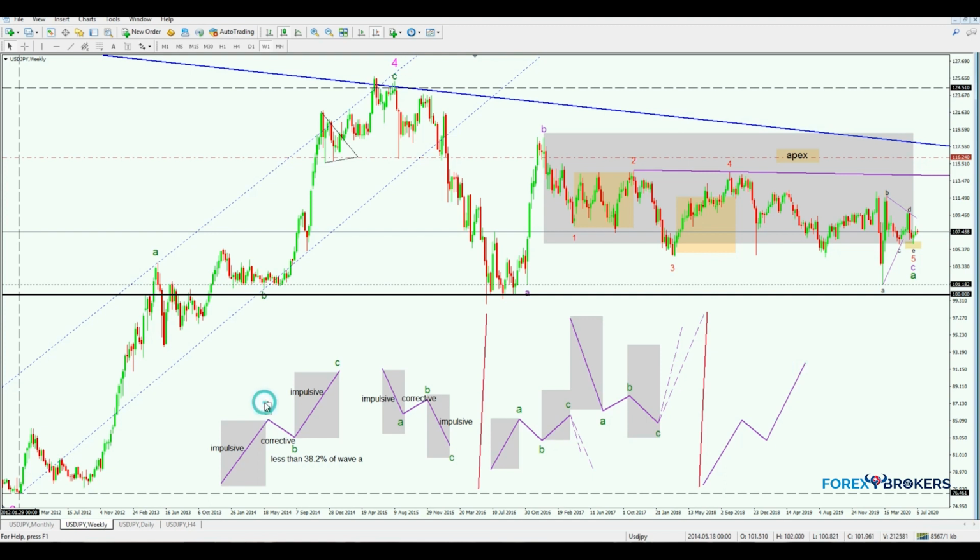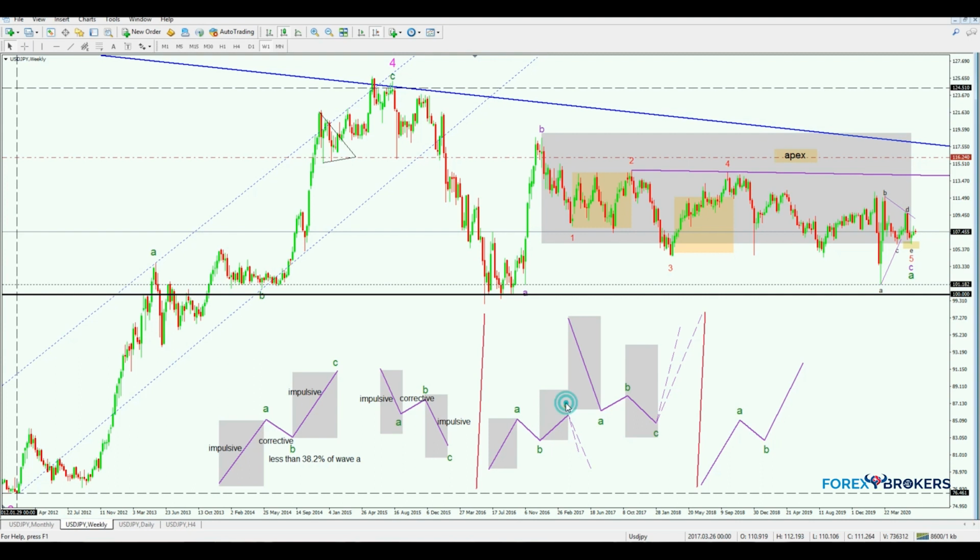And then we simply apply the same rules discussed so far for interpreting the zigzag: A, B, and C. We measure the time that it takes for wave A to form, and we project the time from the moment that the B wave ended. And in this arrangement, for instance, this should be a normal zigzag.